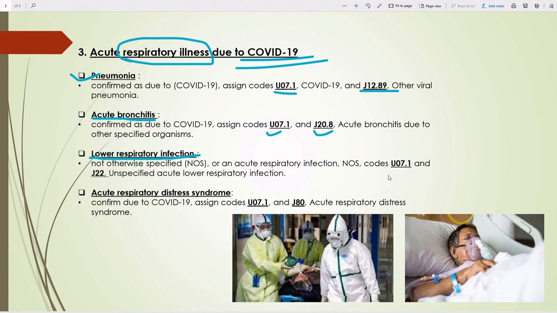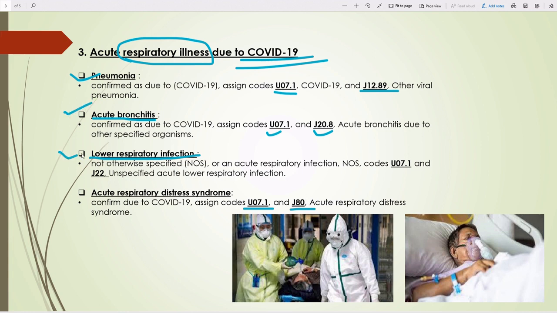At that time also we have to assign U07.1 and then J22, unspecified acute lower respiratory infection. For the second code you have to choose on the basis of NOS, not otherwise specified, or specified. And then acute respiratory distress syndrome. If it is confirmed due to COVID-19, then you have to assign U07.1 as usual as the PDX, and then J80, acute respiratory distress syndrome.